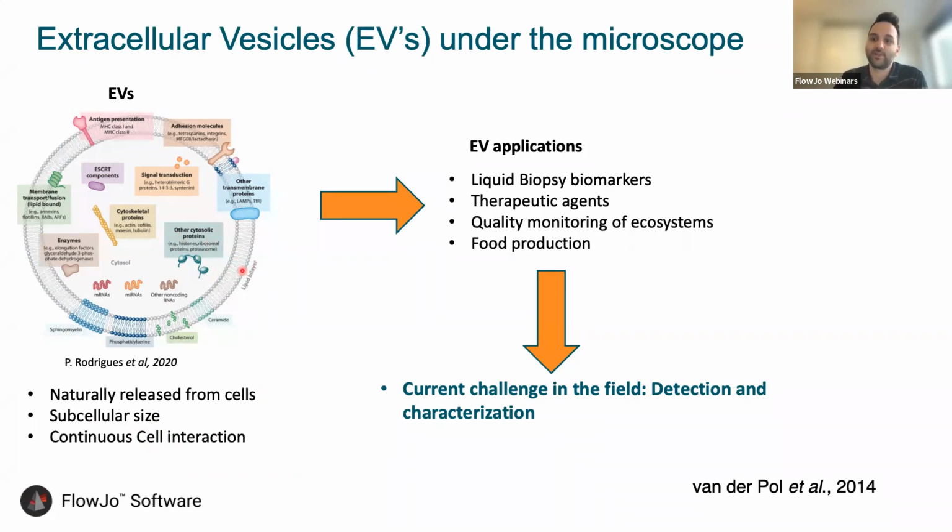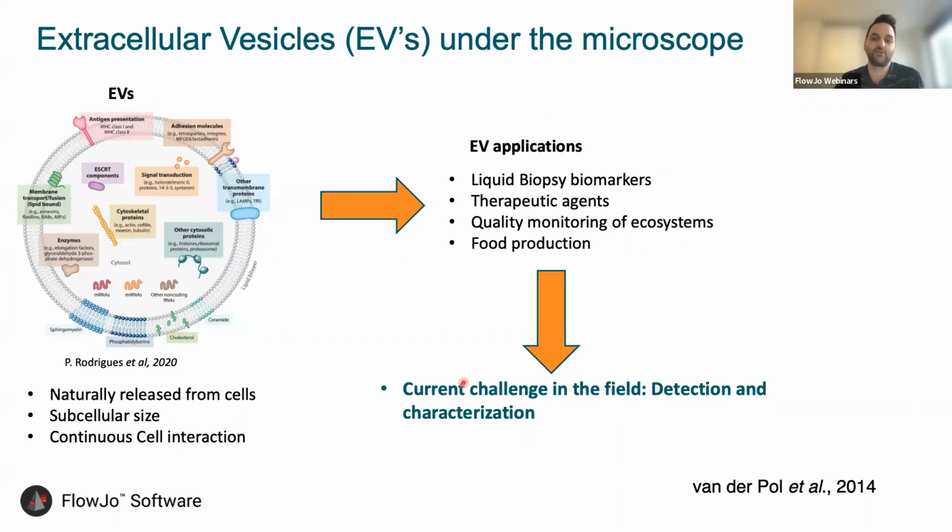Because of their various applications, they're under intensive research. Some of the applications include liquid biopsy biomarkers, therapeutic agents, quality monitoring of ecosystems, food production, and many more. However, one of the most challenging factors in EV research is data reporting.